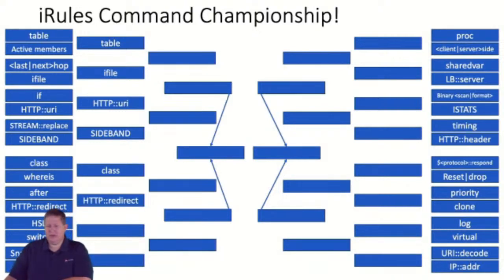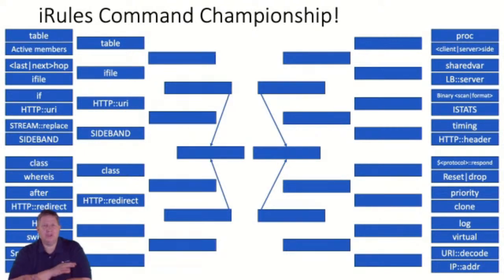All right, after and HTTP redirect. For me, the after command, if you're not familiar with that one, allows you to have a delay. Way back in the day, you would have to do something like a for loop in order to wait for something. The problem with a for loop is that you're doing it inline, and because iRules run on an event loop, you're delaying other traffic by running your for loop.